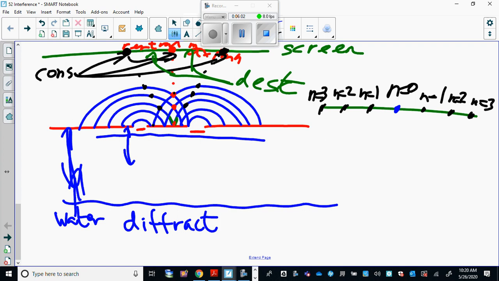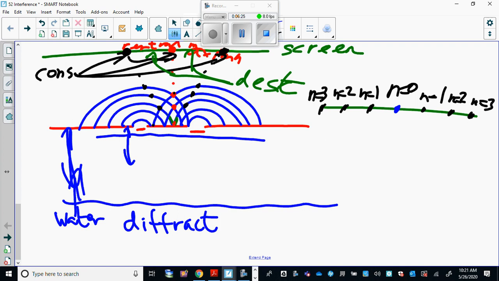And then on either side of that, you've got n equals 1, and then n equals 2, and n equals 3. And that's going to become really important when you take Physics 30, when you're doing Thomas Young's double slit experiment, that value. But the point is, in the middle, you've got complete constructive interference.